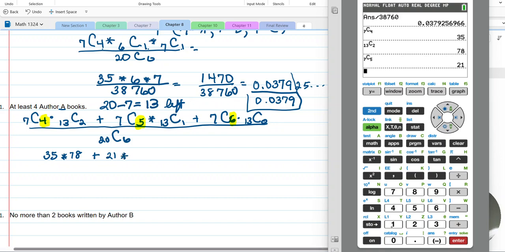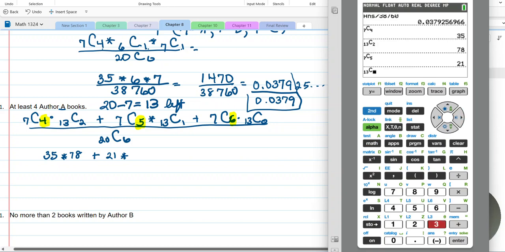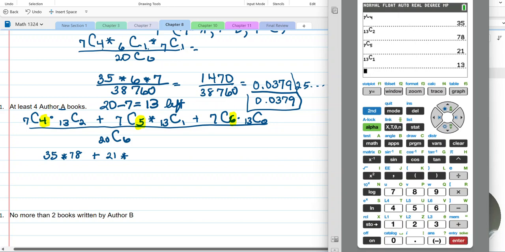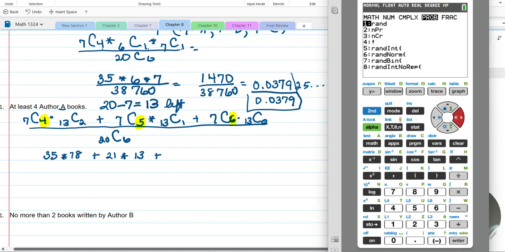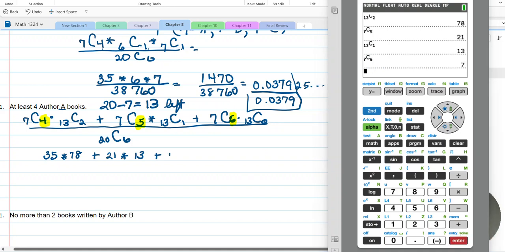Now I'm doing 13, choose. Choosing 1, because we did 5. And if we choose 0, it's times 1.